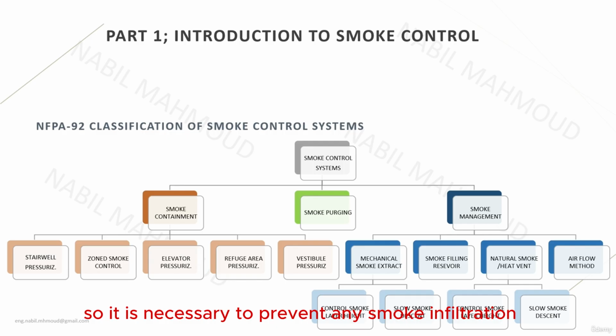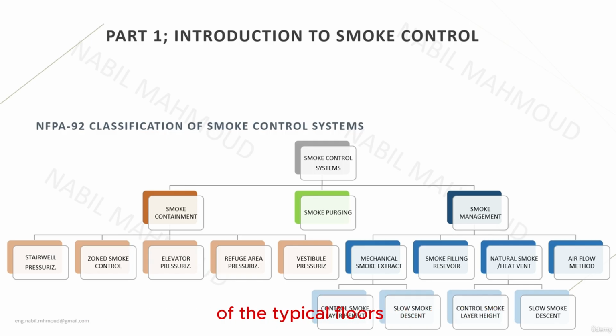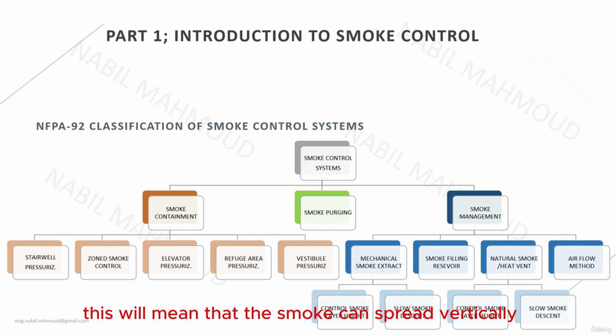So it is necessary to prevent any smoke infiltration from the atrium to these corridors of the typical floors, because if a fire happened in the atrium, the smoke can spread vertically freely in these corridors and cause untenable or unsafe conditions in these typical floors. That's why it's very important to prevent any smoke infiltration into these corridors, especially the corridors that are open to large volume spaces such as the atrium.